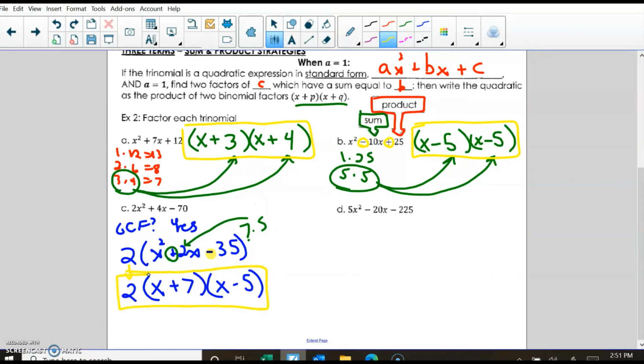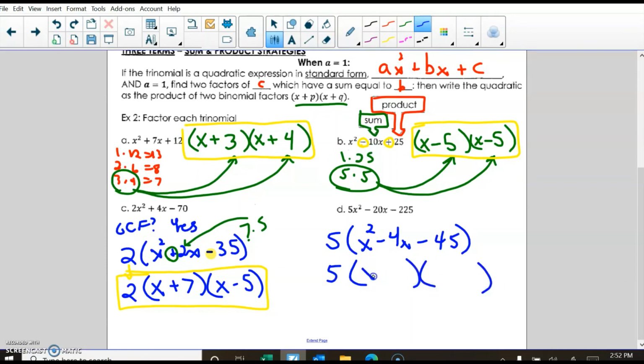And one more. D also has a GCF of 5. So all I'm doing right now is removing the greatest common factor. 225 divided by 5 is 45. 5 stays in the problem. X in each front part of the parentheses.